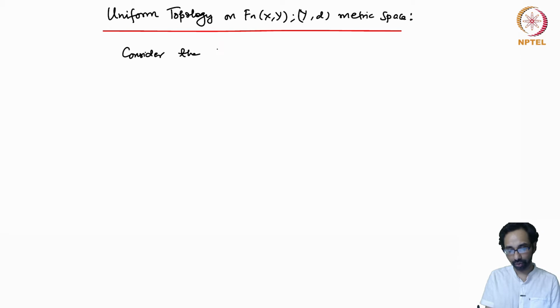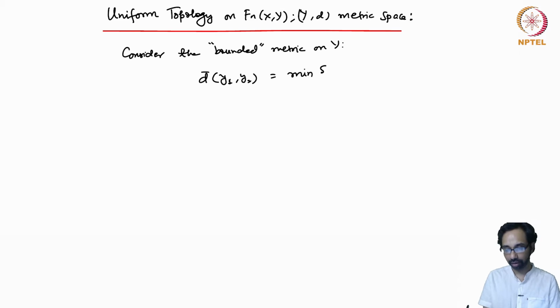For this, consider the so-called bounded metric on Y, which is given by the d bar notation. So d bar of two points y1 and y2 is the minimum of d(y1, y2) and the number 1.